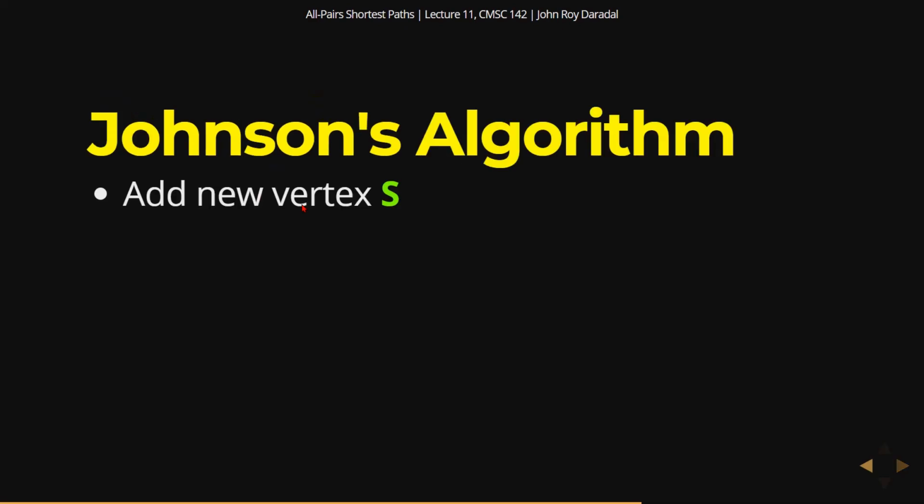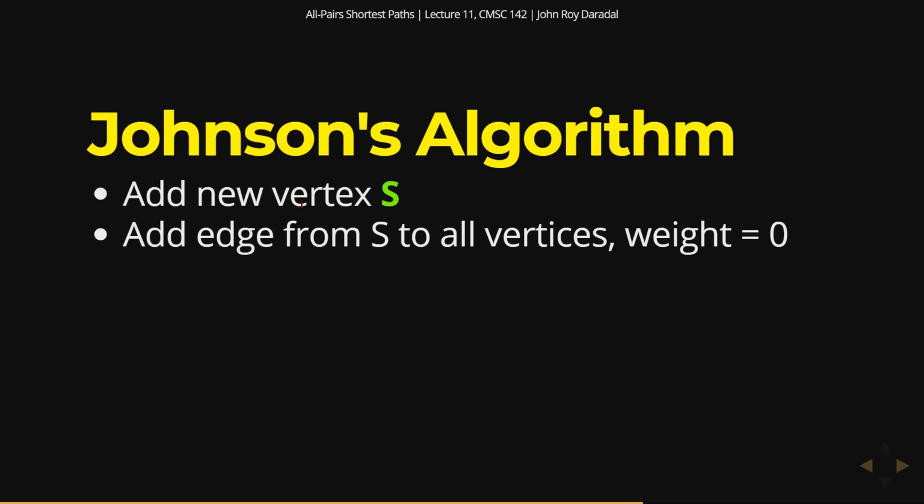Okay, so to do that, first we will have to add a new vertex S, assuming that there is no existing vertex S already. So if there's a vertex S, then you name it something else. So the idea is you just add a new vertex.